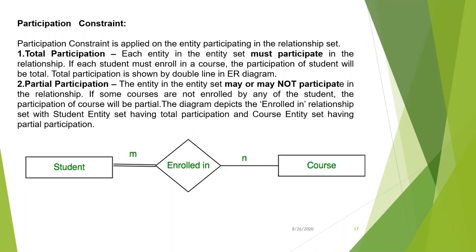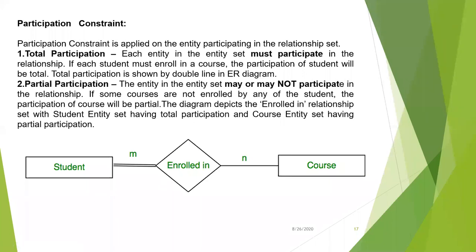So when can we say total participation of an entity, and when can we say partial participation of an entity? So what is total participation and what is partial participation?